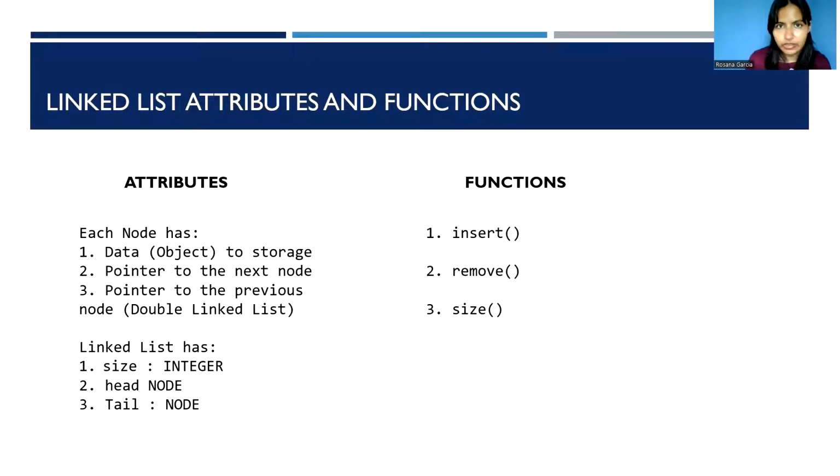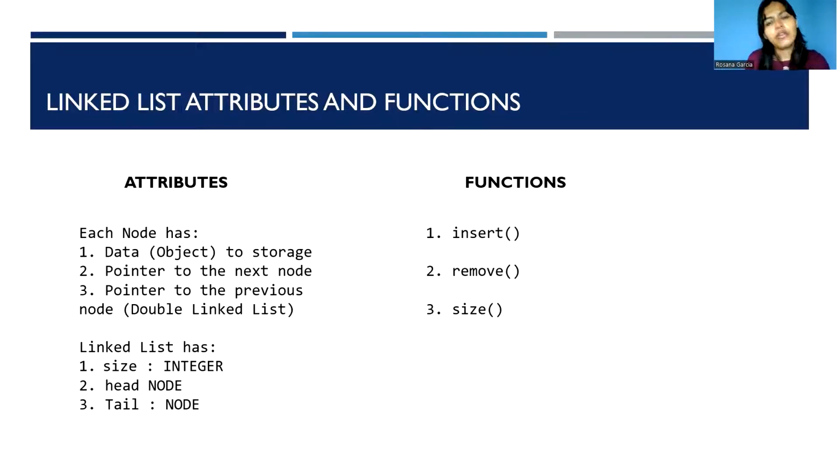It's an object, a simple type like integer, double, or more complex like classes. And then we have the attributes of the linked list: the size, that is the number of elements inside the list, the head node, that is the first element, and the tail, that is the pointer to the last node. We have here an example of attributes for a double linked list.